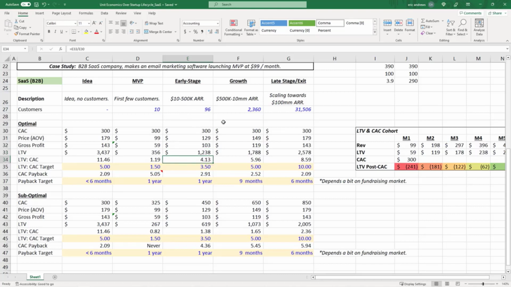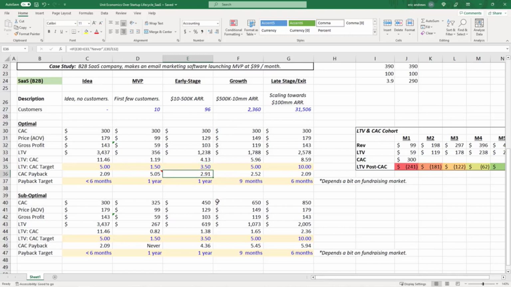And so the LTV to CAC ratio is now 1238 divided by 300. So that's 4. And so I'm saying that in the early stage, if your LTV to CAC is sort of between 3 and 5, that's where you want to be as you're scaling, because that means you put in $300 of marketing and you make back over $1,200 of gross profit, and you can run a profitable company with those types of metrics.